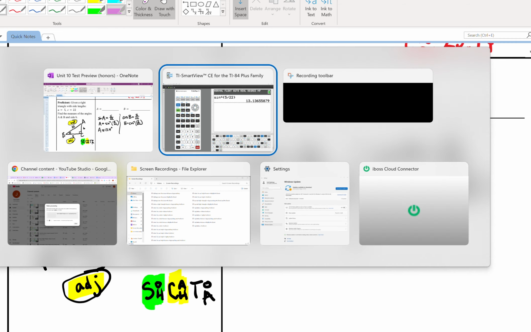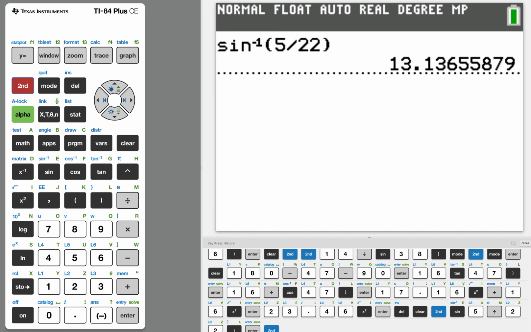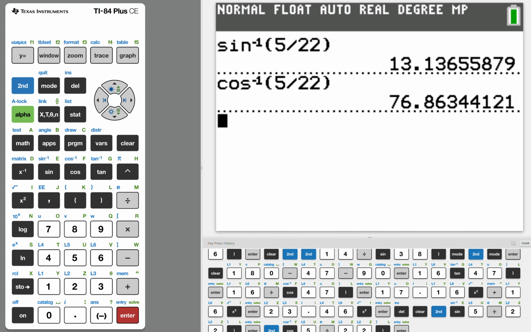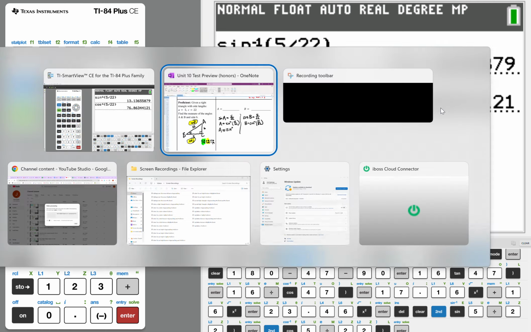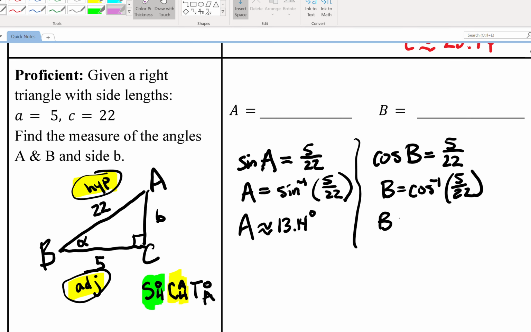And when I go to my calculator, I see the inverse cosine of 5 divided by 22 is 76.86. But this 6 right next to it is a 3, and that's 4 or less. So that rounds down to 6. So it's 76.86.